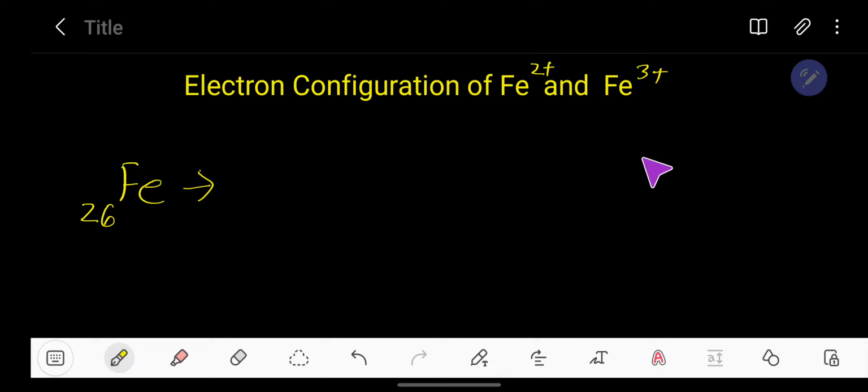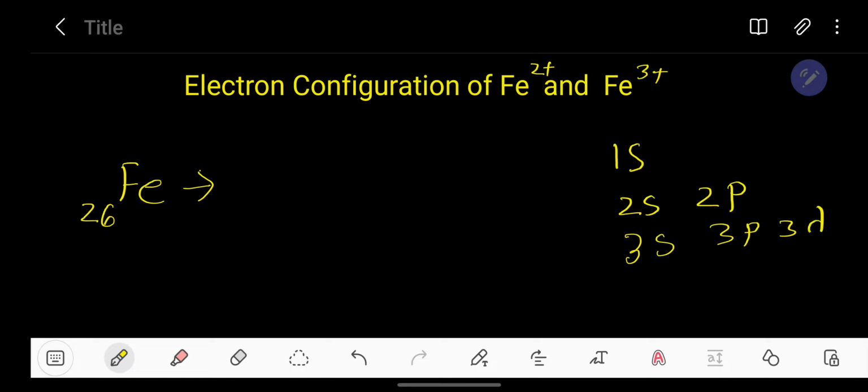So let us write. We know that in the first shell we have one subshell, which is 1s. In the second shell we have two subshells, which are 2s and 2p. In the third shell we have 3s, 3p, 3d.